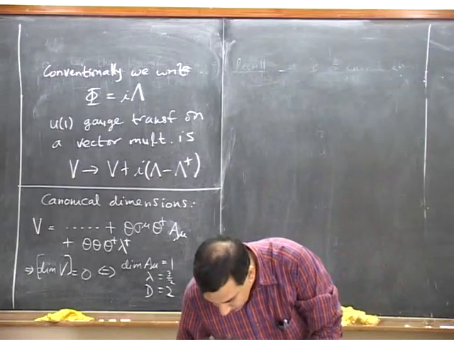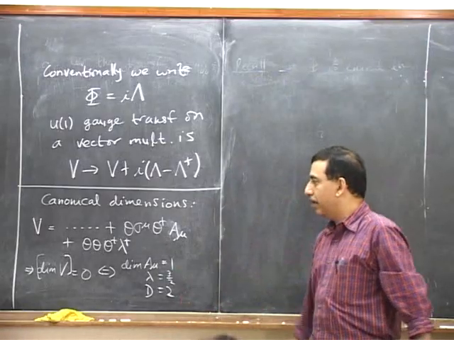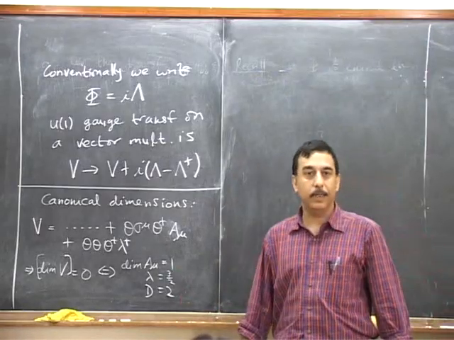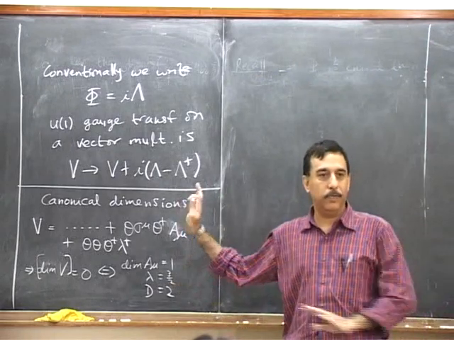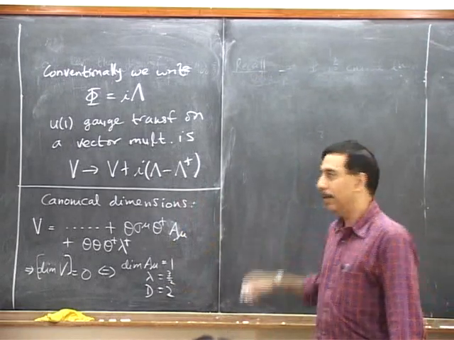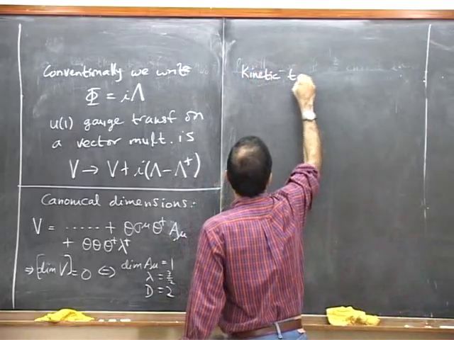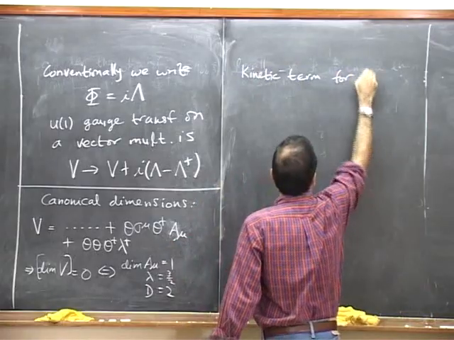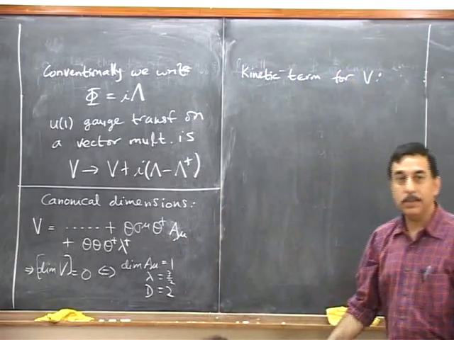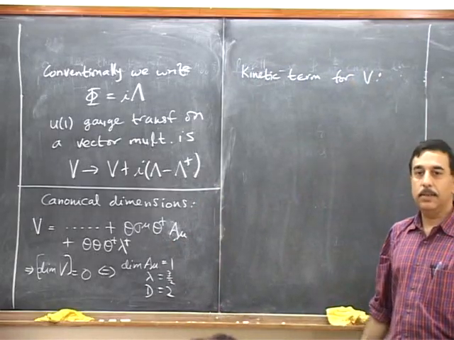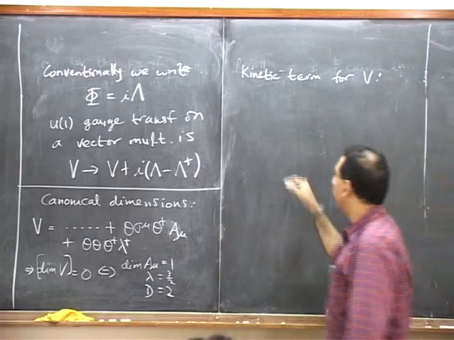So what do we want to do next? We want to take this field of canonical dimension 0 and try to find the kinetic term. Okay, now we look for Lagrangians. We've sorted out everything we want to know about the field. Let's look for Lagrangians. So what's the kinetic term for V? There aren't so many choices. Okay, let's use all the assumptions available to us.